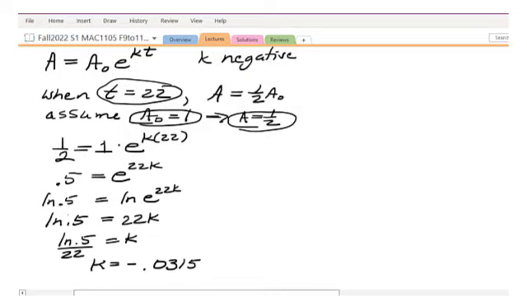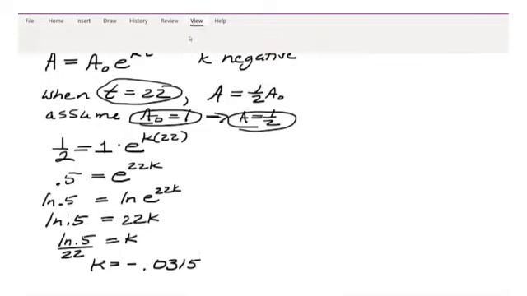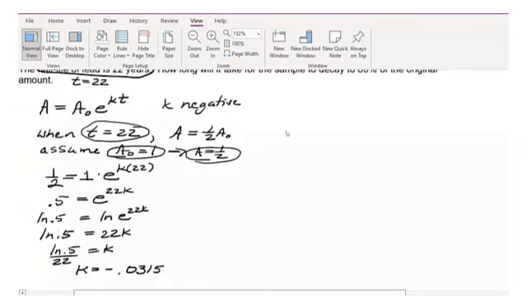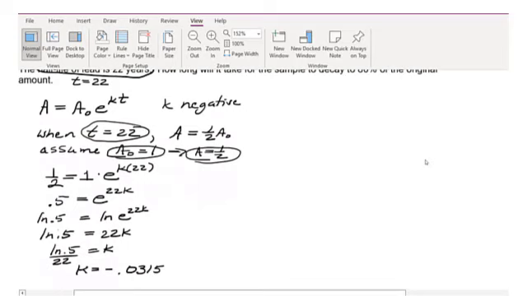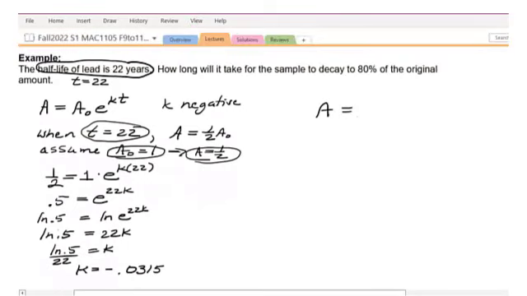All right, so we just found the formula. By finding K, we found the formula, the rate of decay. So we know that A is equal to the starting amount times e to the kt.